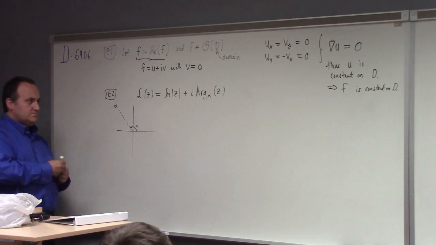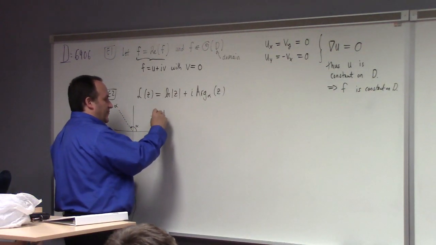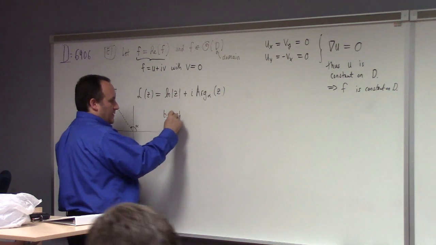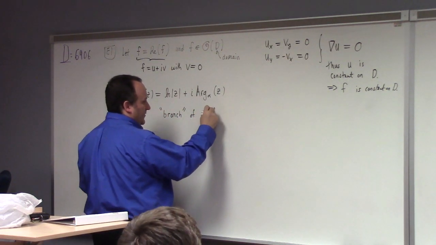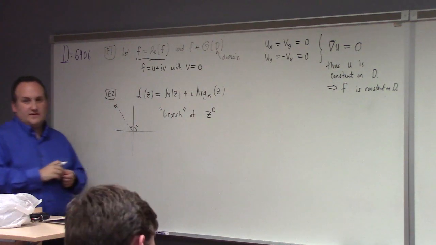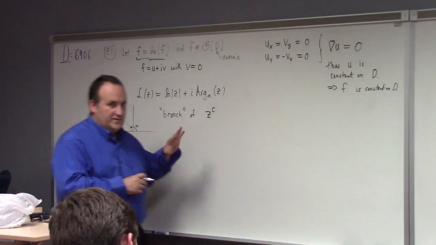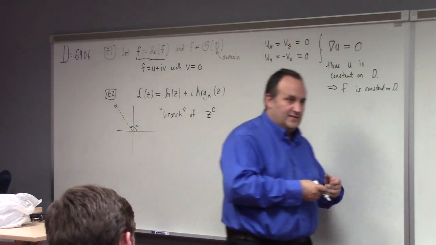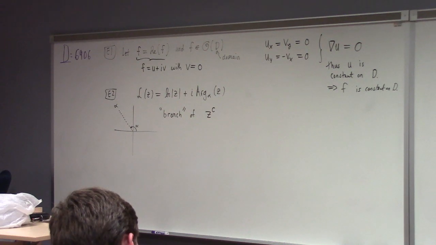Now, with this, we can likewise define a branch of z to the complex power. If you don't put the stipulation of choosing a branch, z to the complex power is a set of values. You guys have had a kabillion homework problems about this, right?